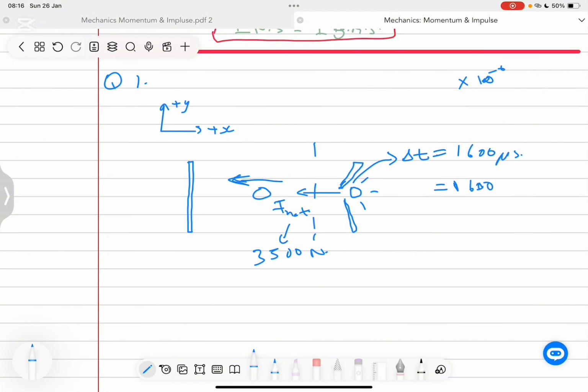We just take the 1,600 and convert the micro to 10 to the power negative 6, so that the time is in seconds. Please be sure that you memorize and know your metric multipliers so that you can use them.